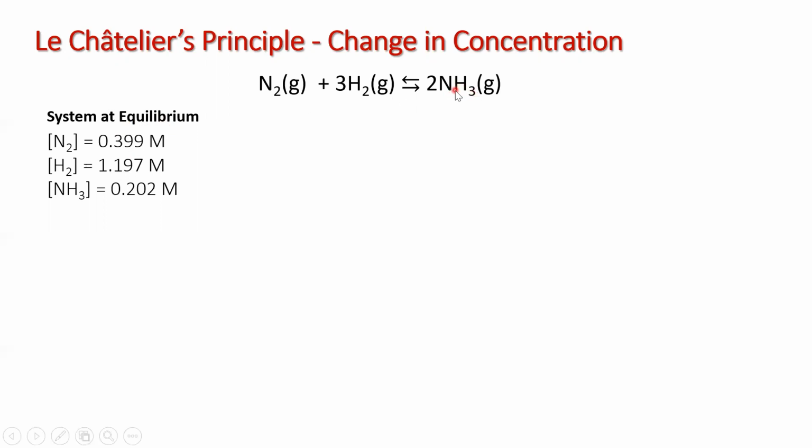So that's the concentration of products over the concentration of the reactants raised to the power of the coefficient in the balanced equation. And then after you write that K expression, plug in these values, which are equilibrium concentrations, and calculate what K equals.